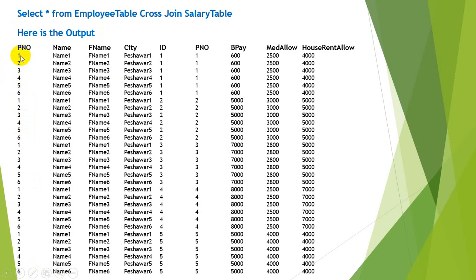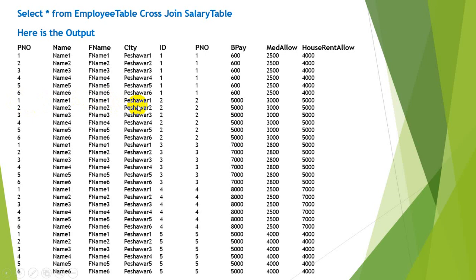These are multiplied with each and every record: record number 1 with record number 1 from the salary table, similarly record number 2 with record number 2, record number 3 with record number 3, record number 4, up to record number 5 and up to 6. And again, it was repeated.